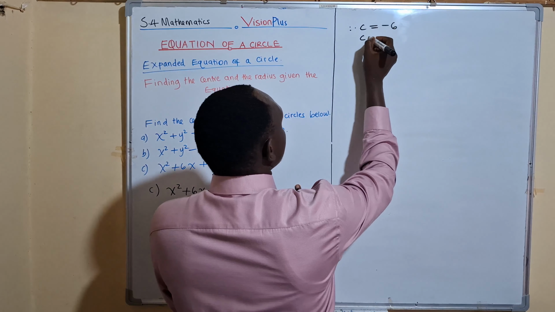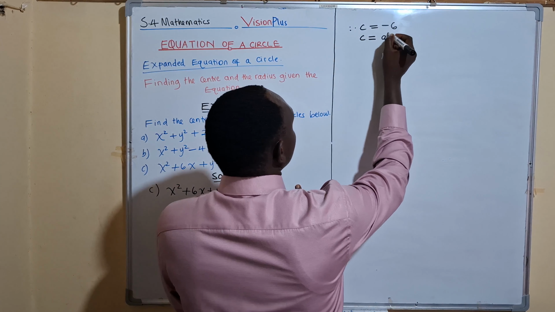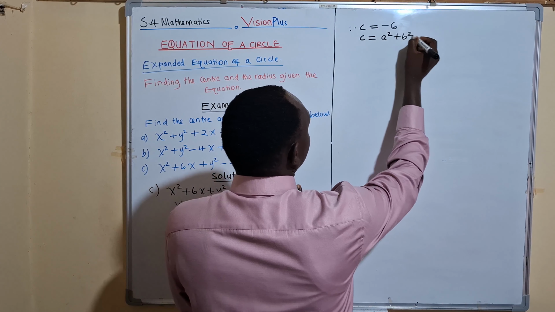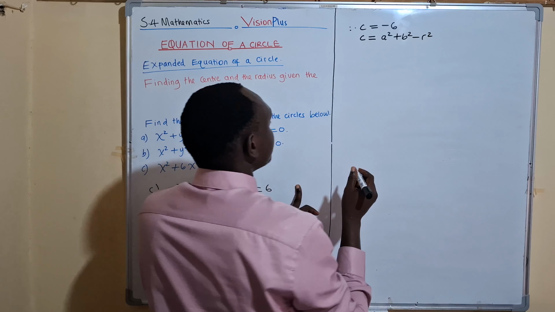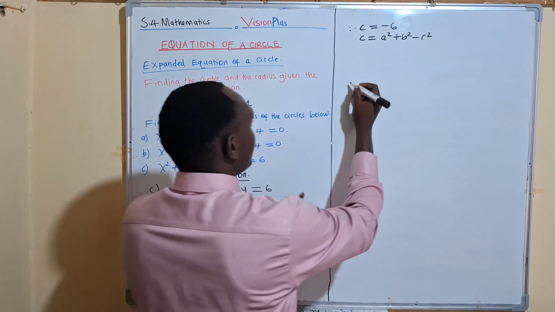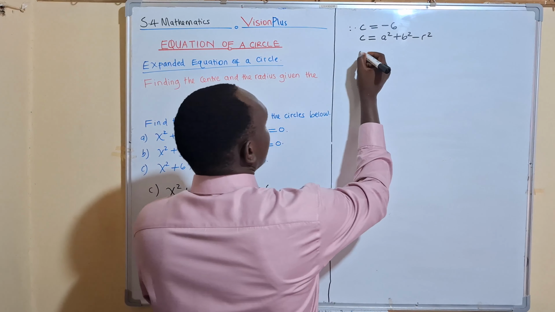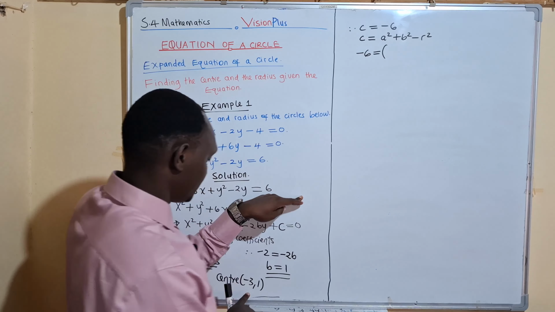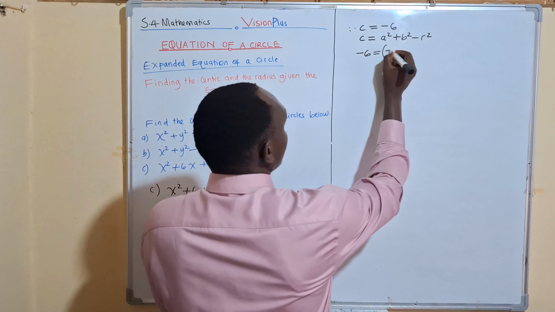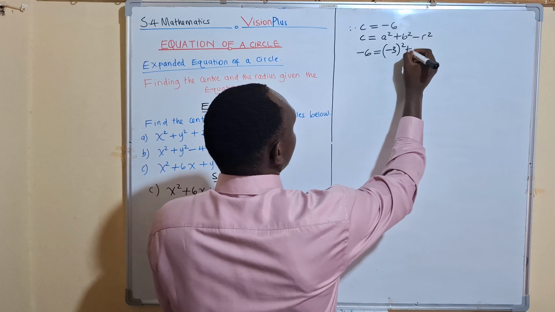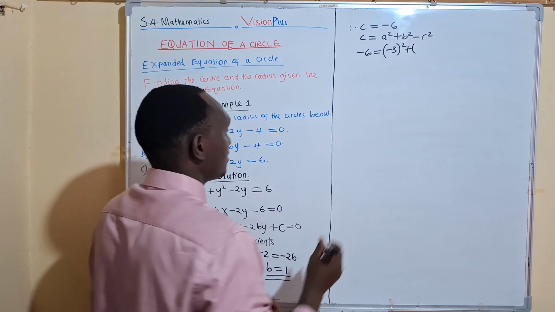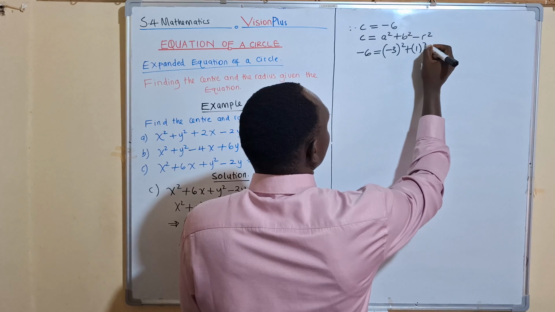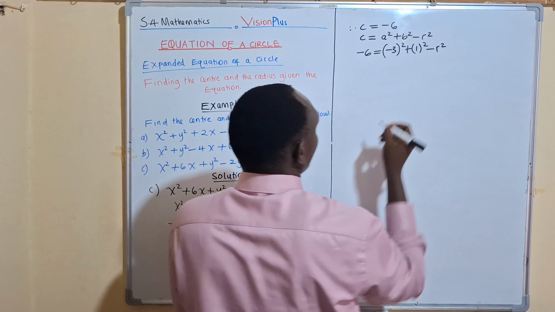We know that c is given by a squared plus b squared minus r squared. So we substitute for a, b, and c. c is negative 6 equals, what is a? a is negative 3 squared, plus b is 1, but we are squaring it, minus r squared, which we are looking for.